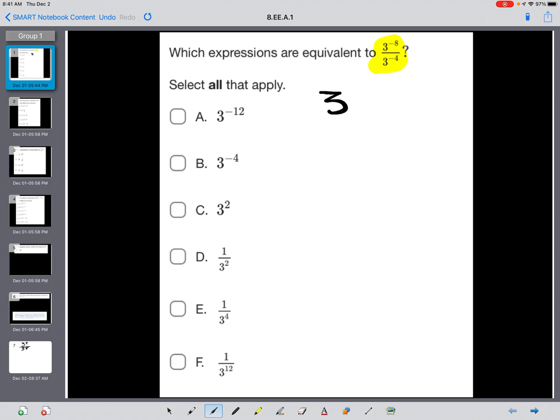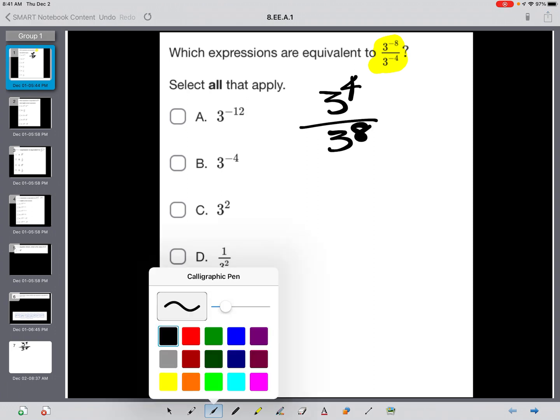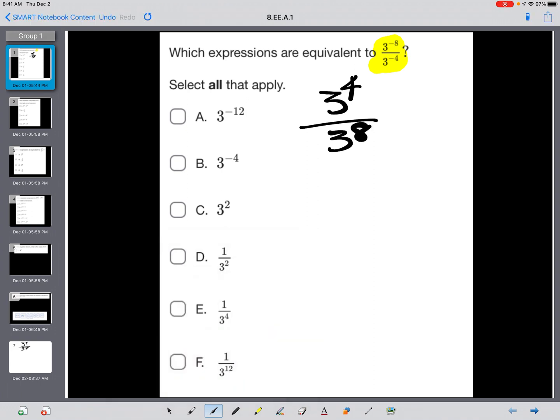It would be 3 to the 4th over 3 to the 8th. Then we can simplify from this point, knowing that the way that we simplify these is we subtract the exponents and we leave the difference in either the numerator or the denominator depending on where our balance lies.